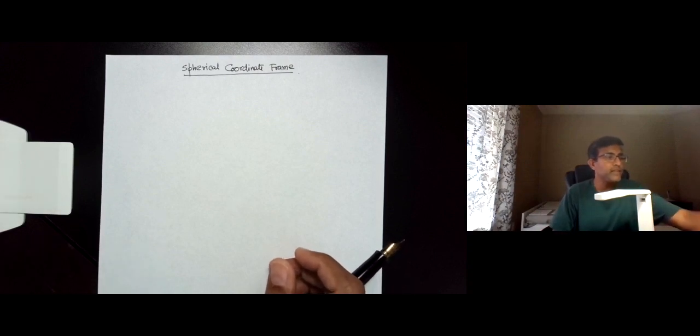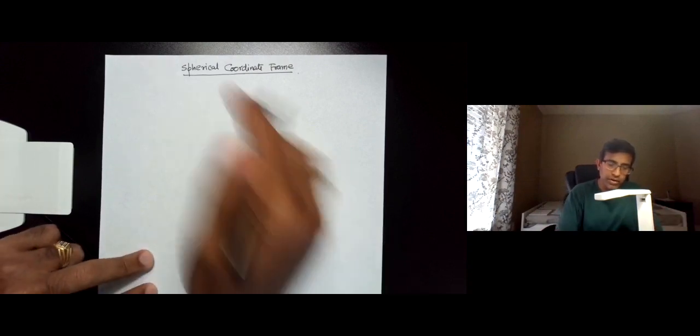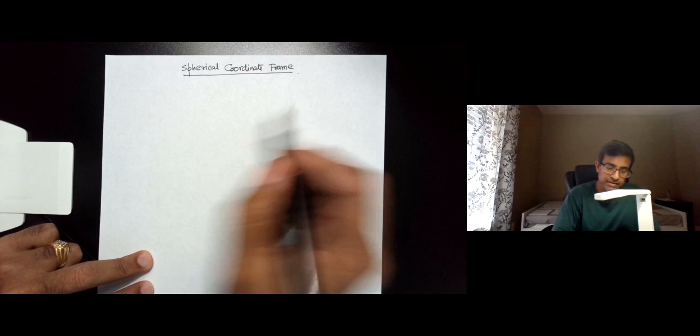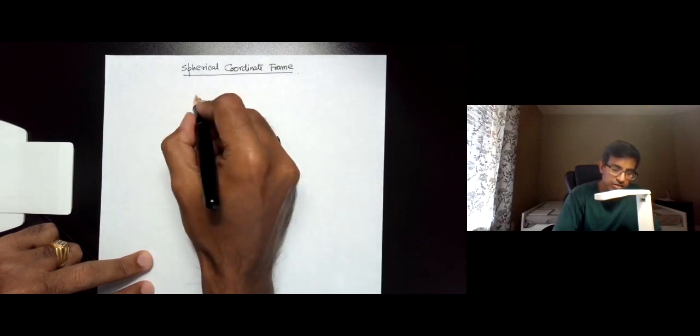So as the name suggests, spherical coordinate frame, here what we do is given a particle, let's say the particle is at a certain location in the three-dimensional space.